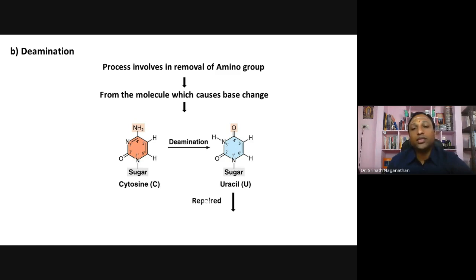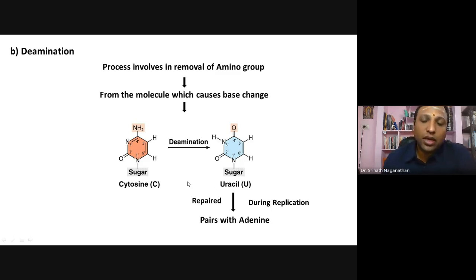Due to this uracil, what happens when it is getting repaired? When the repair has to take place during replication, it pairs basically with adenine. Normally the pairing is considered, but if it is deaminated, it can become uracil, and in the DNA, uracil should not be there. So the changes have to take place.